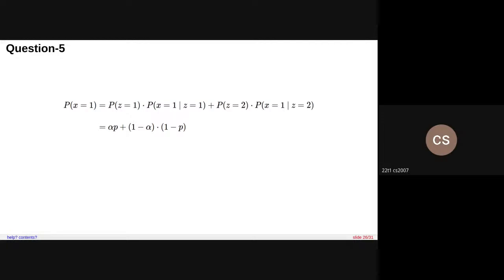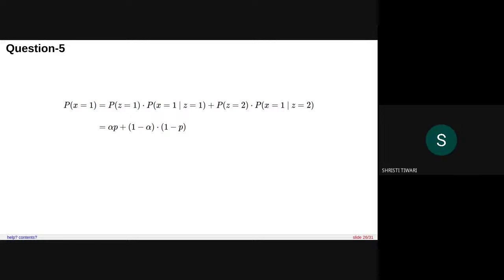So you can as well replace these two coins setup with a single coin with probability alpha p plus 1 minus alpha into q. So they are identically distributed. Whenever you draw an observation, it's going to come from this distribution, Bernoulli of alpha p plus 1 minus alpha into q.